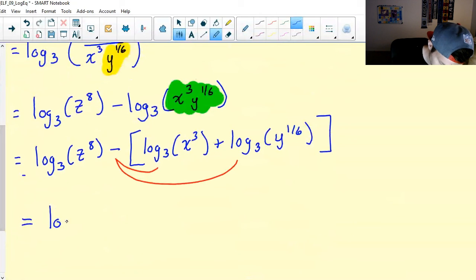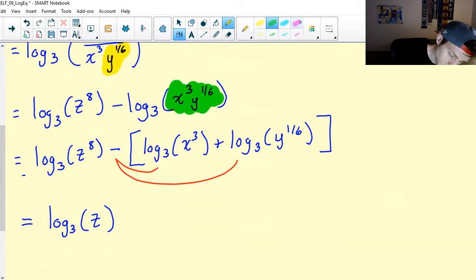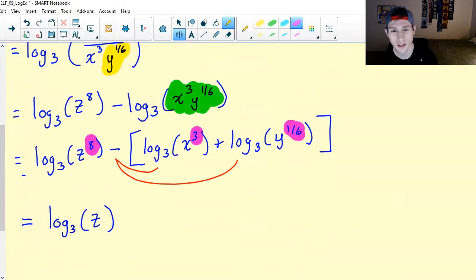So, equals log base 3 of z to the 8th. Well, actually, let me go ahead and do my next property as well. So remember our last property. Can you see that? Is that bad on the eyes, that purple over the blue?